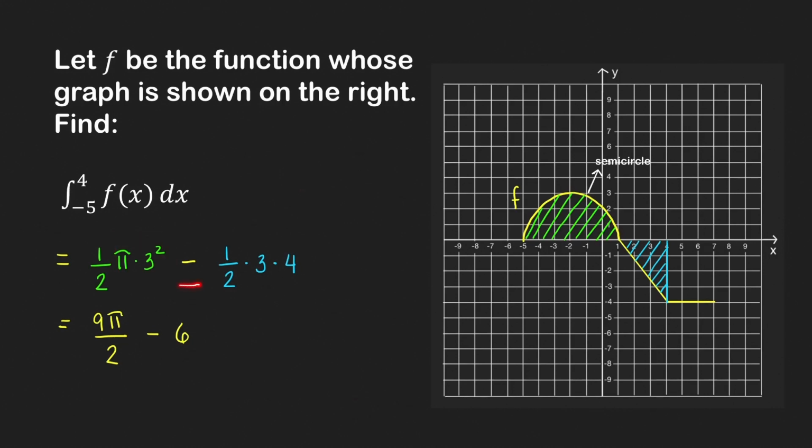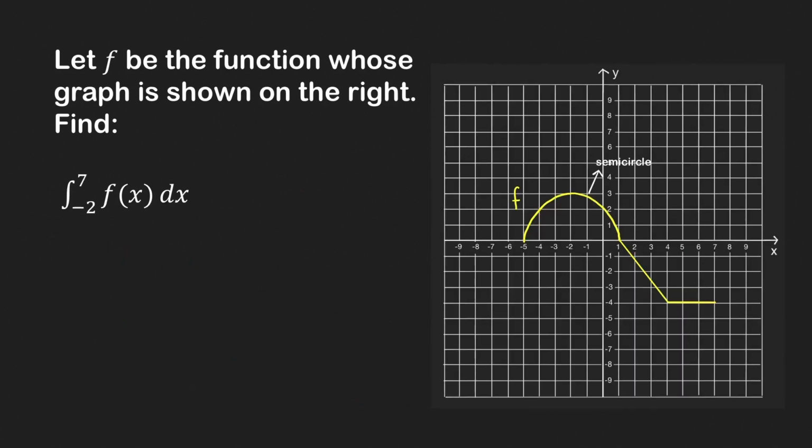Minus the area of this triangle, which is just equal to 1/2 base. So we can consider this as the base, and then the height, which is equal to 4 units. So that is 1/2 times 3 times 4. Therefore, the value of this definite integral is just equal to 9 pi over 2 minus 6. And since pi is greater than 3, we know that the value of this is positive.